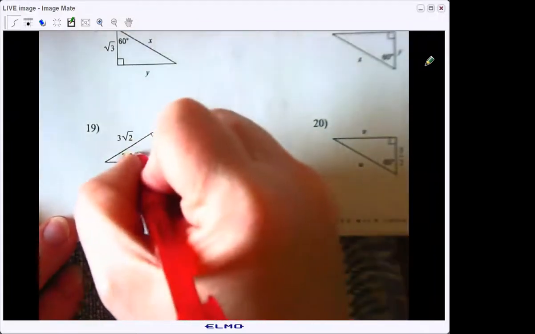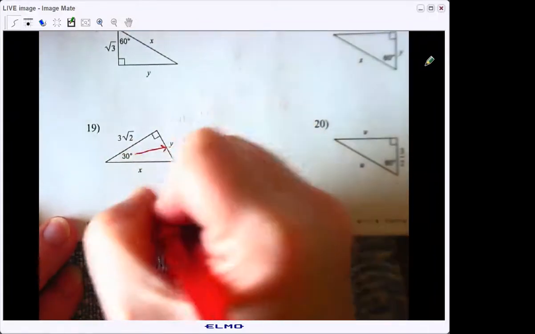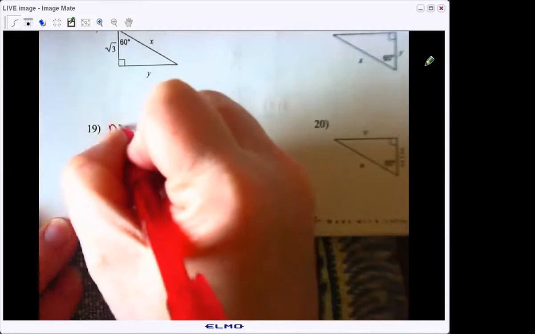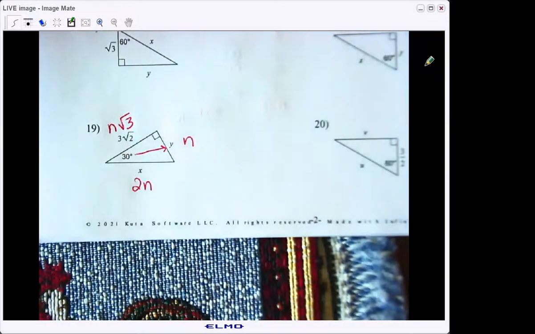Okay. So here's N, 2N, and N root 3. Uh-oh. Our N root 3 doesn't have a root 3, so what are we going to need to use? The shortcut. Good.